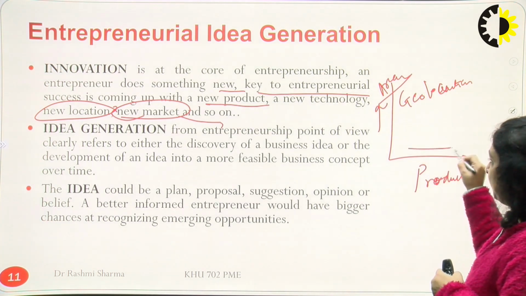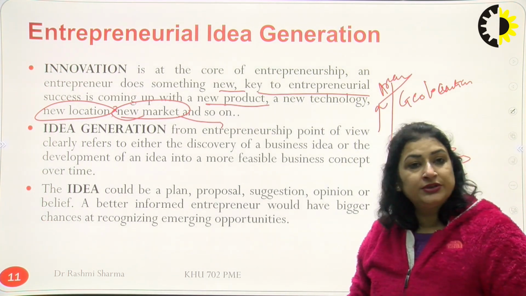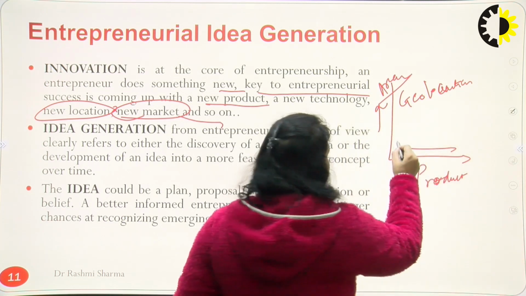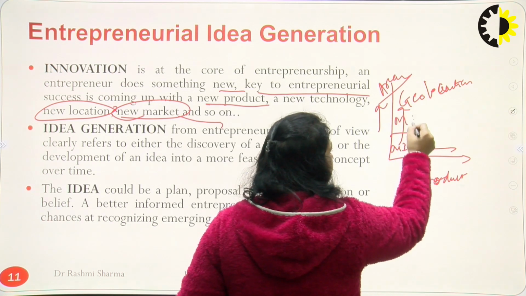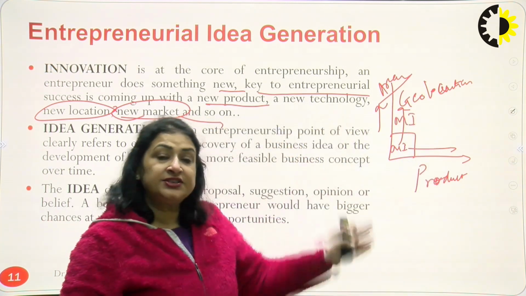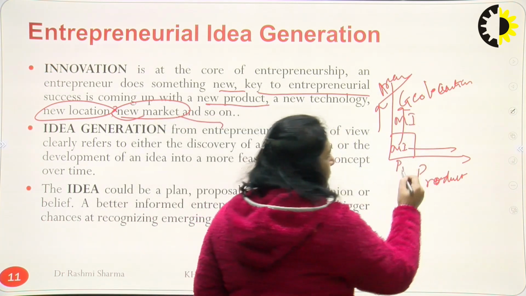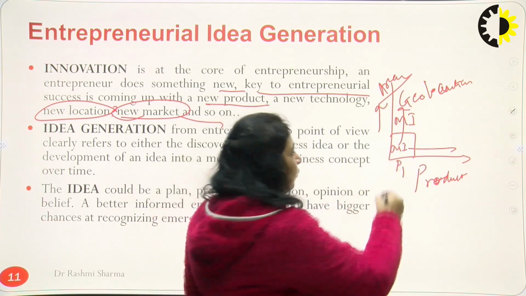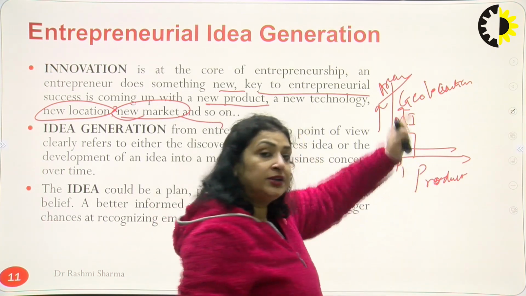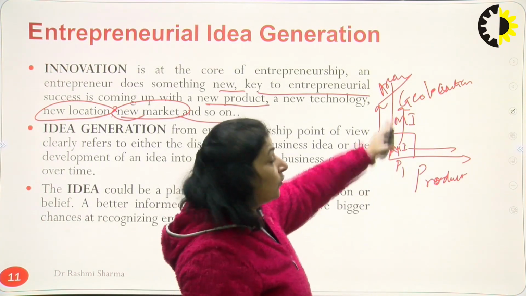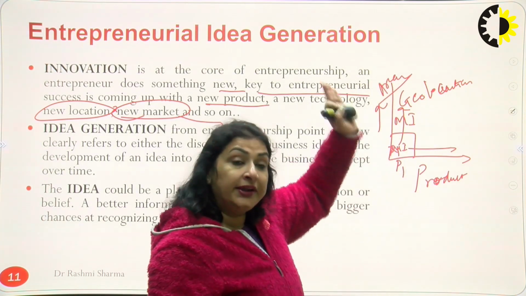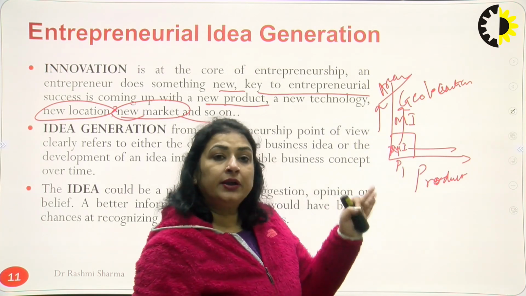So if I change the product, then I am doing some innovation. And if I change the geolocation, this was North India and now I am going to Middle India also, then again the same product, product P1, which was distributed in North India, or I should say UP, is now being distributed to Madhya Pradesh or Gujarat also. So this is a vertical innovation.